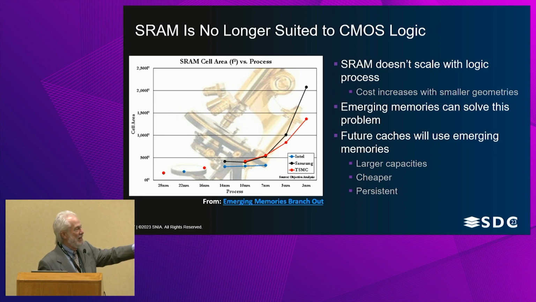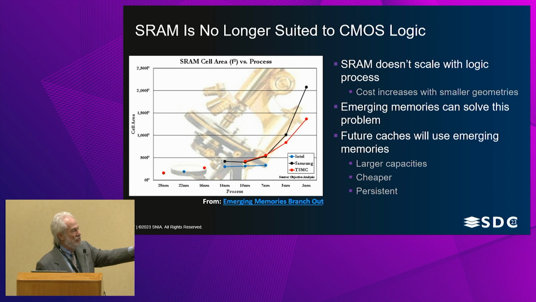And so if an SRAM, let's say that bottom line is 500 times the size of a transistor on a chip, then a typical SRAM at 14 nanometers or 10 nanometers is going to be about 450 times the size of a transistor on there.